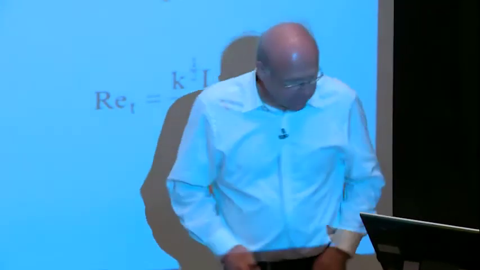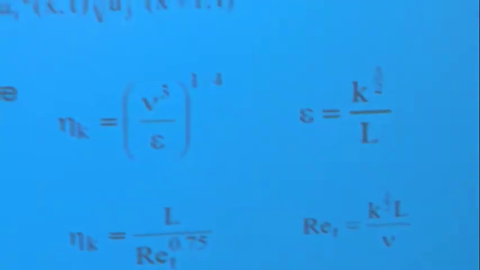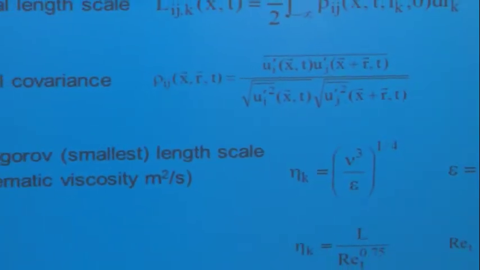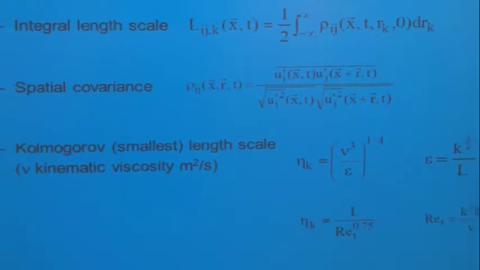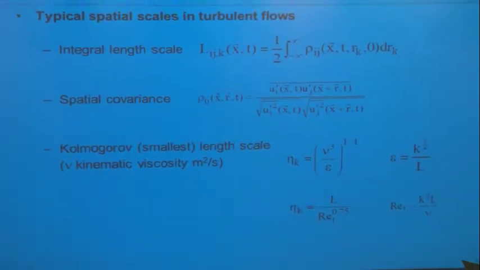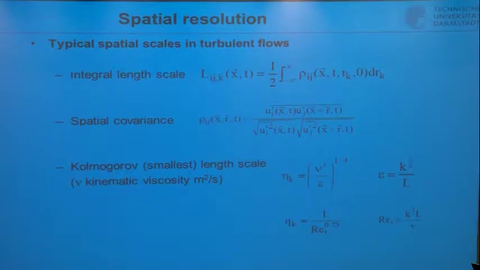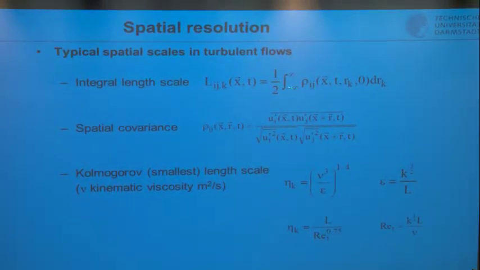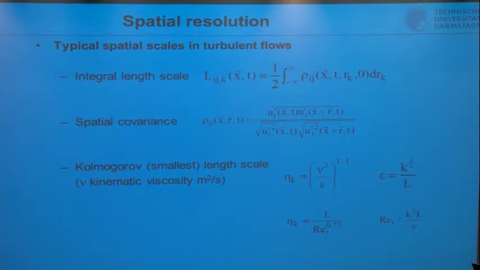All right, let's have a look now at how to compare these scales with scales in turbulent flows. An important quantity is the so-called integral length scale. Those of you who have been in courses in fluid mechanics know it, maybe not all of you. What you need for that is to integrate the so-called spatial covariance.